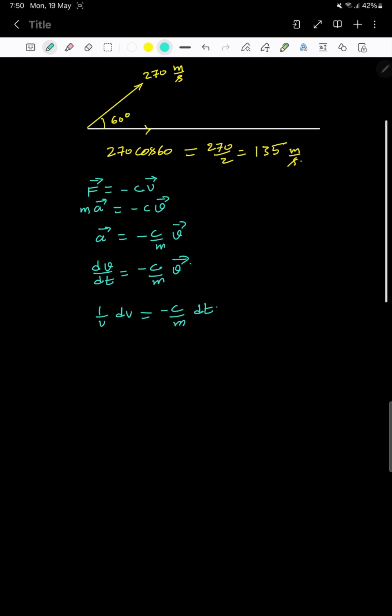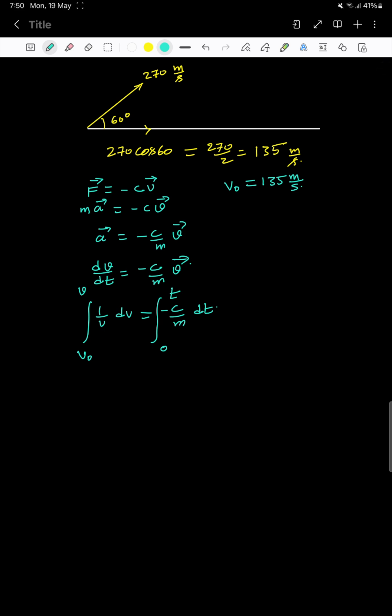Students, here c and m are constant, so the variable is velocity. Velocity is varying with time. So let us integrate this function to the proper limits. Initial velocity along the horizontal direction is v naught, which is equal to 135 meters per second, and after some time t, starting from time 0, it attains a velocity v, which means its velocity is going to decrease gradually.